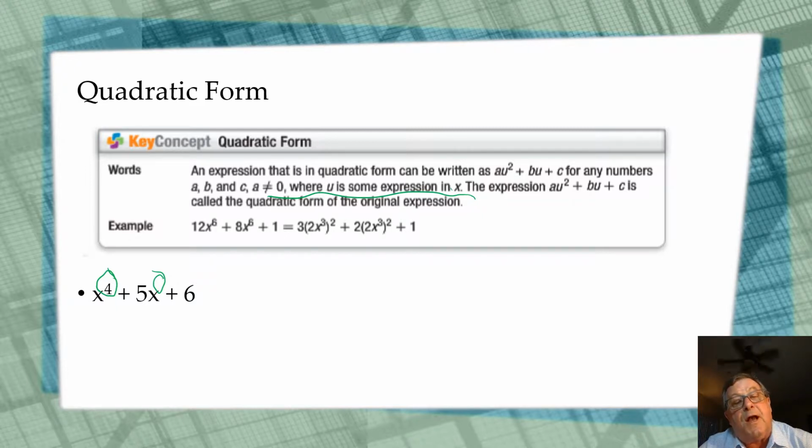Here you see I got x to the fourth plus 5x to the first. Now, if that was 5x squared, that's something I could write in quadratic form. But as it stands, I can't write it in quadratic form.